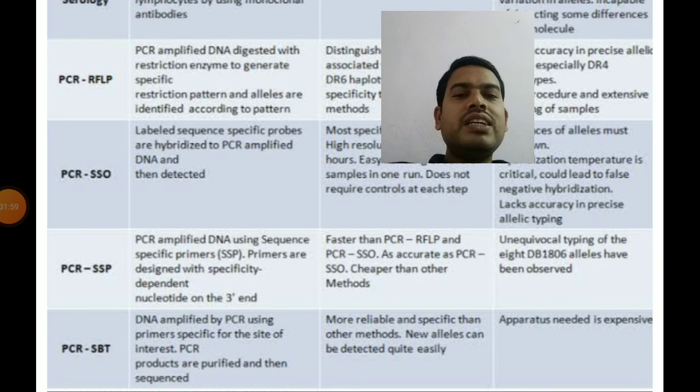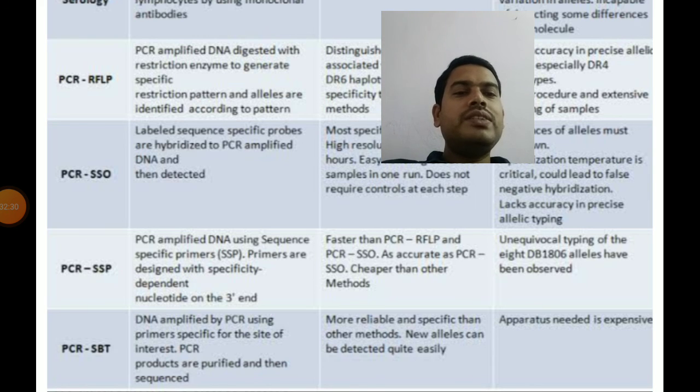The other one is sequence specific primers, which is PCR amplification using sequence specific primers. That means using primers against HLA allelic sequences, you can amplify by PCR.